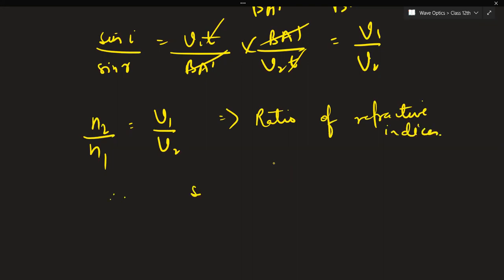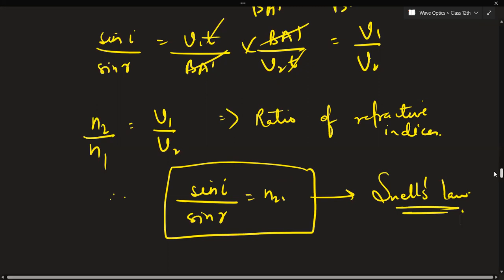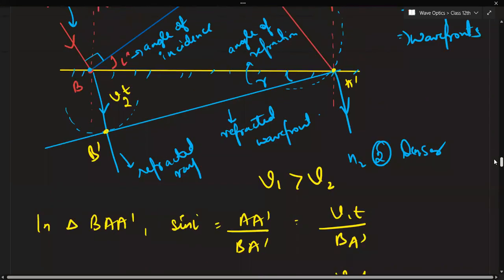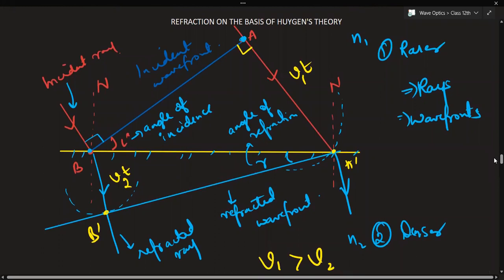Therefore, you can say sine I by sine R is equal to N2 by N1. And this is your Snell's law. So if Snell's law is proven, it means refraction is occurring, and you have proven your refraction theory through the wave theory.